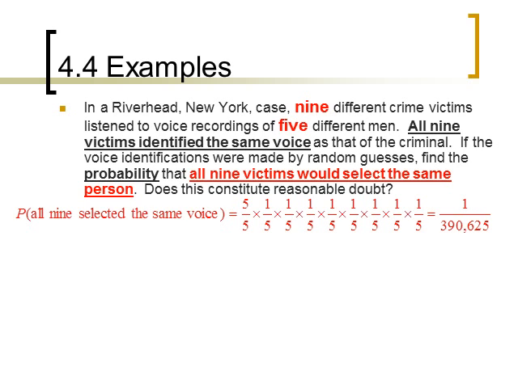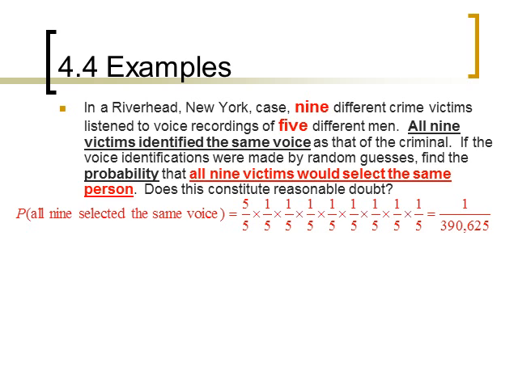They're listening to 5 different men's voice recordings, so there's a total of 5 choices. Now, the first person that goes, if we're finding the probability that this is just a guess, it doesn't matter who they pick. They can pick any of the 5 people. So that's why the very first person's probability is 5 out of 5, because they can pick any of the different voices that they listen to.